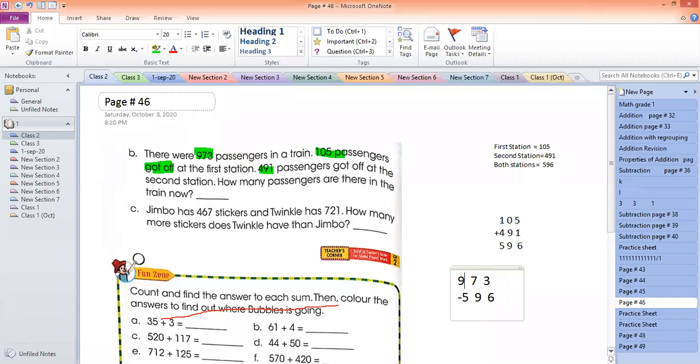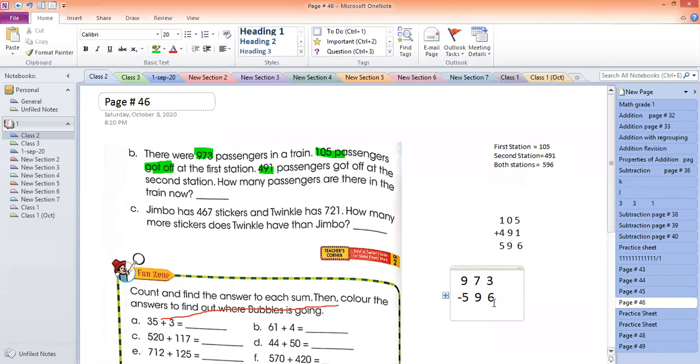So to find how many passengers are left, you minus the passengers who got off at both stations from the total passengers.